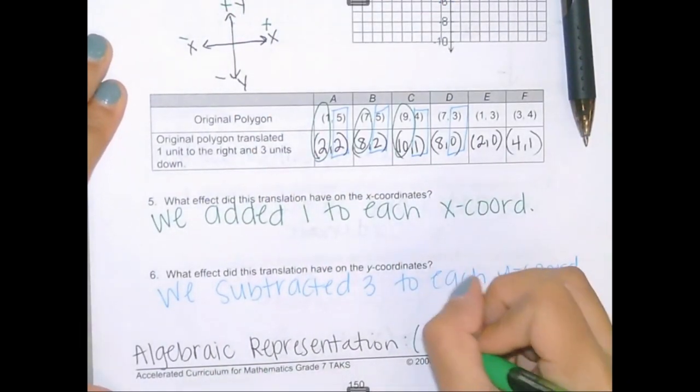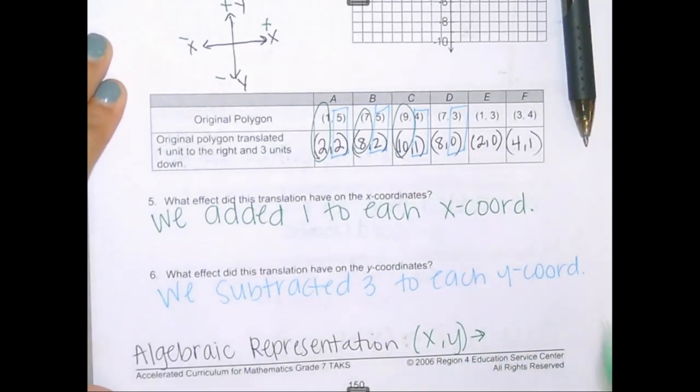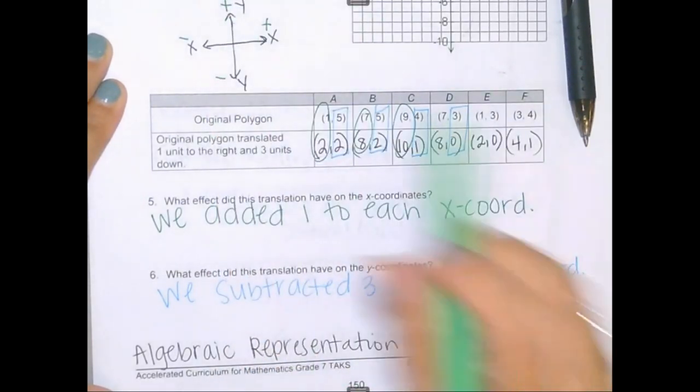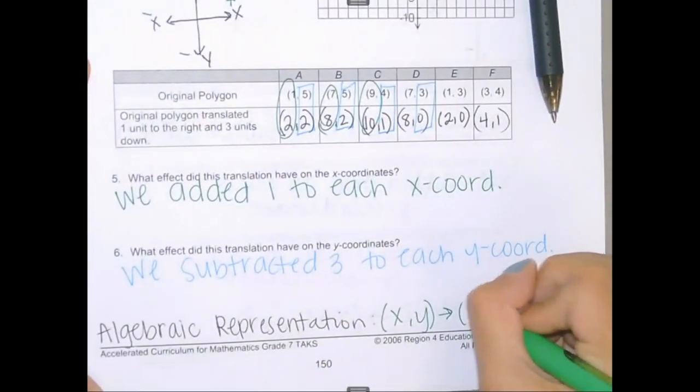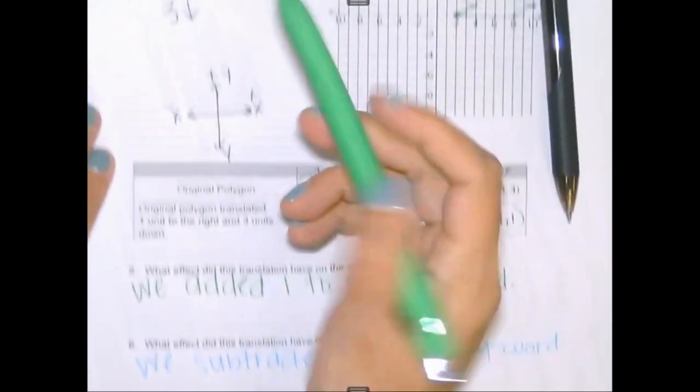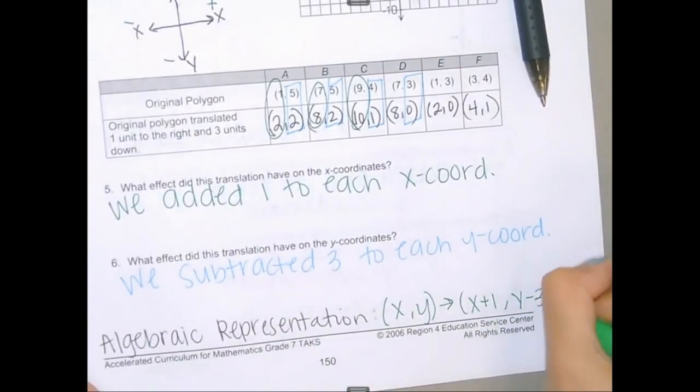So my rule is going to be x, y with the arrow. And it says 1 unit to the right, so x plus 1. And it says 3 units down, so down is my y, and it's a minus 3.